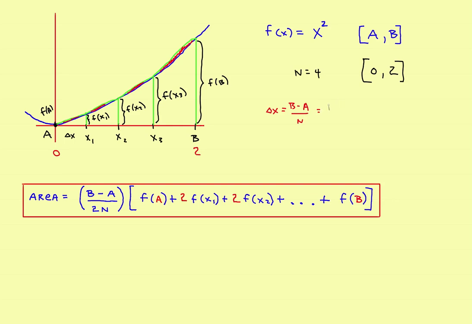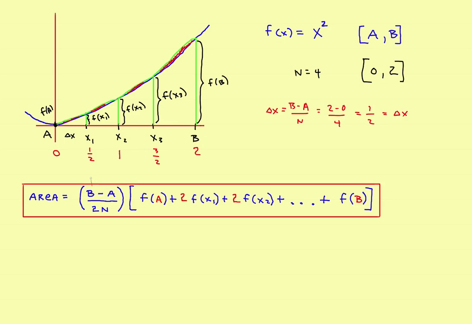So in our problem, we're going to have 2 minus 0 divided by 4, which would be 1/2, and that is going to be the width of each interval. So I want to write those on there. So if each one of these is 1/2 and it goes from 0 to 2, this point would be 1, this point would be 1/2, and this point would be 3/2. So go ahead and put the points that you know on there.